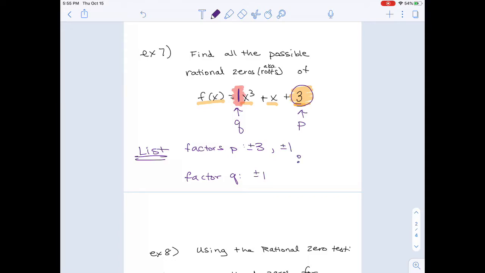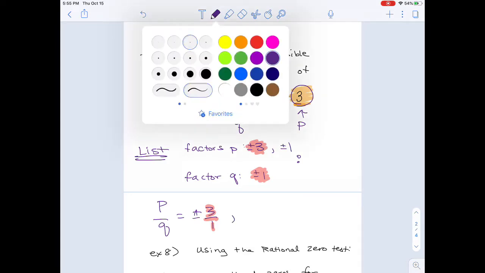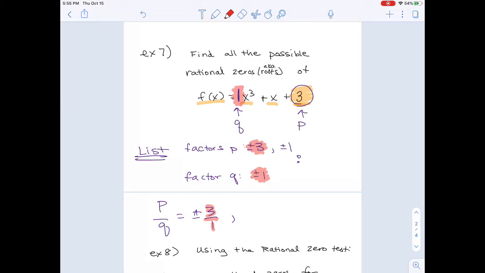Now we're going to combine that, and our list of factors of p over q are going to be plus or minus, and we're going to take 3 and put it over 1. Then all of our factors here are 1, and we're going to put that over 1. So then we take all of our choices for p and put it over q as well.